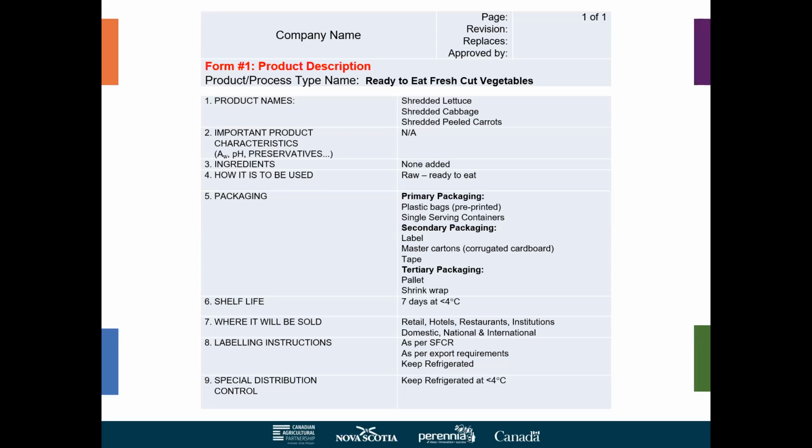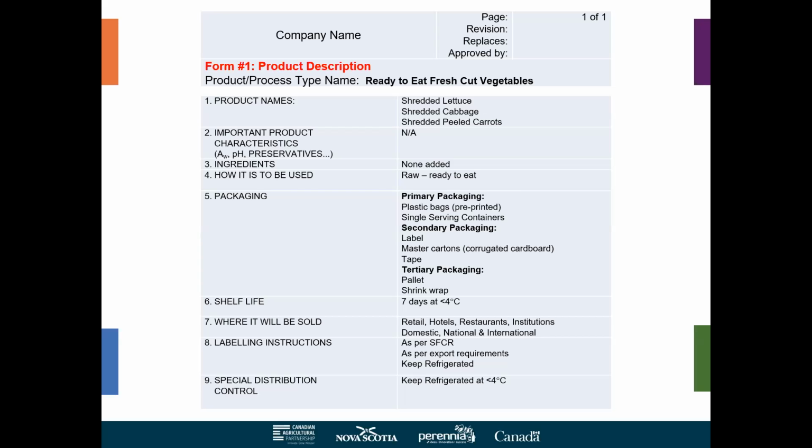Then you're going to identify the important product characteristics. So for this product, it's non-applicable, so we put NA here. Then you're going to identify any added ingredients. So if you were adding anything to this, you would add that here. Now keep in mind there's ingredients and there's input materials.